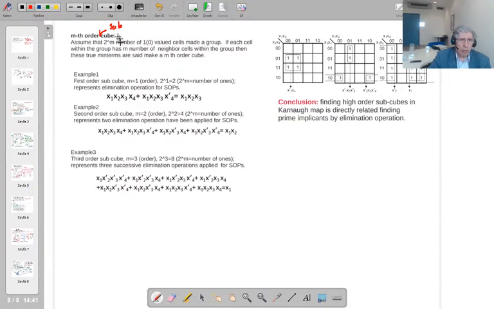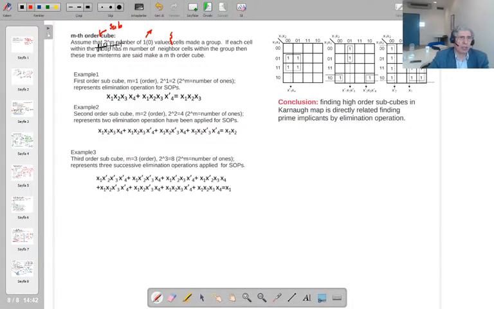An mth order subcube includes 2 to the power m number of ones, values, cells that make a group. So for example, if you consider m equal to 2, 2 to the power 2 is 4, so 4 ones, cells make a group.